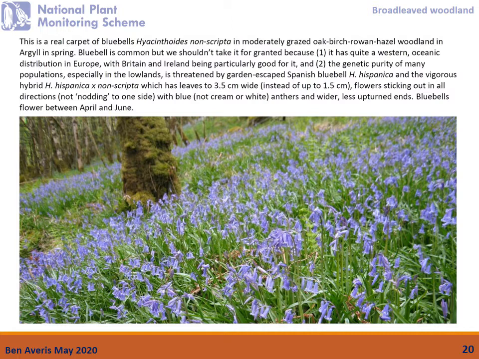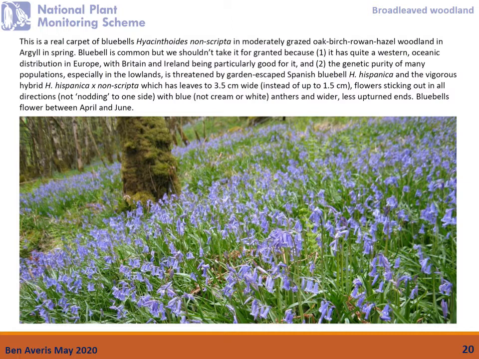It's handy to be able to tell our native bluebell from these non-native ones, which are mainly hybrids with the Spanish bluebell, which people have had in their gardens, and it's hybridized, and the hybrids have spread, have naturalized and got into woodland all over the place and along roadside verges. The hybrids have wider leaves, up to about 3.5 centimeters, compared with up to about 1.5 centimeters in the native species, and its flowers taper out wider.